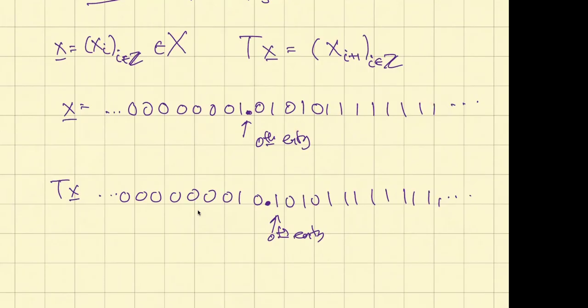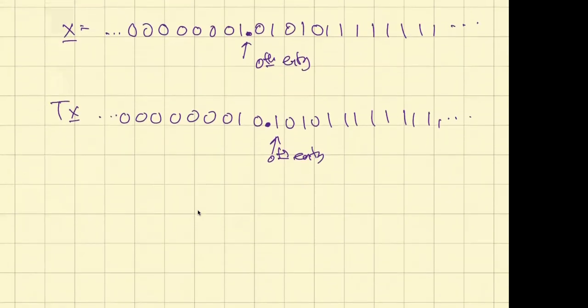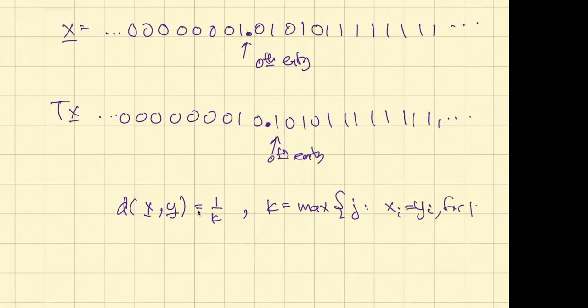And we have to put a topology on this object, and the topology is given by the metric. The distance from x to y is 1 over k, where k is the maximal j such that x_i equals y_i for |i| less than j.